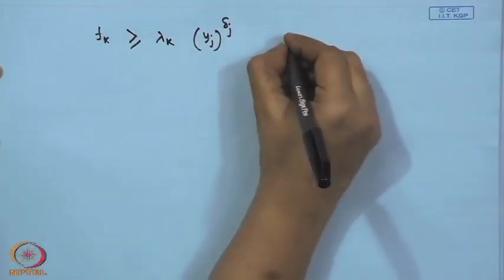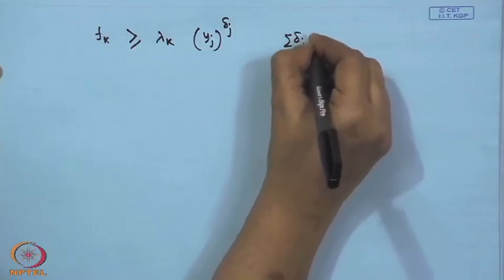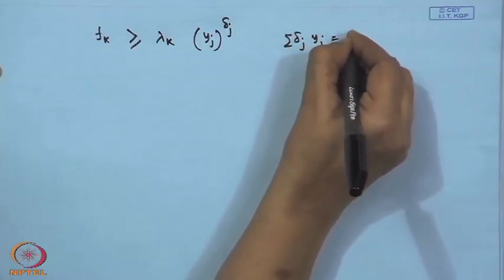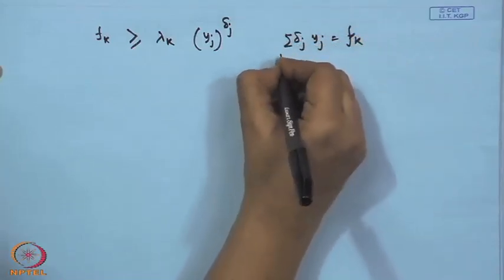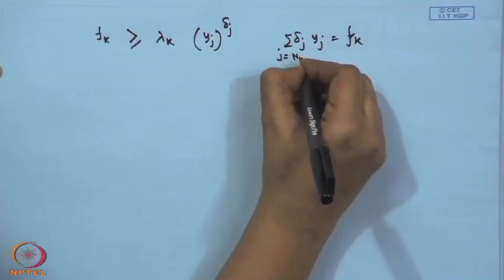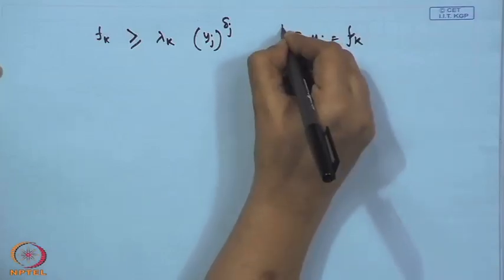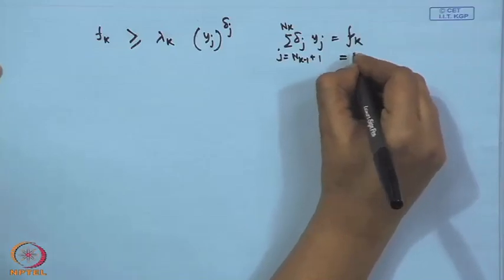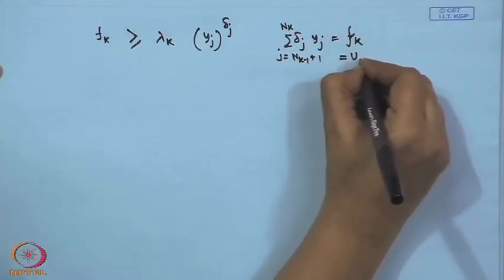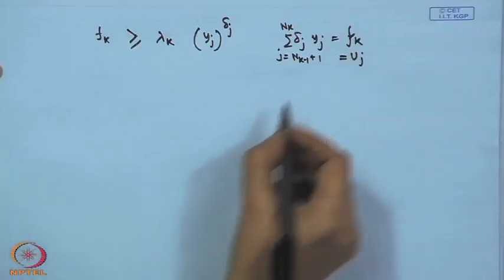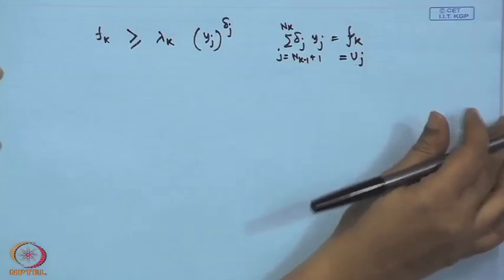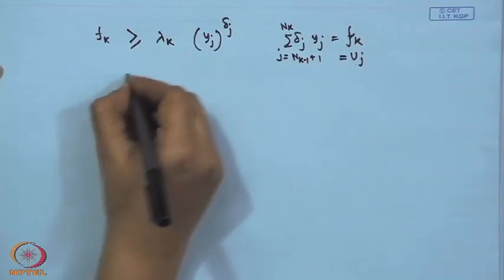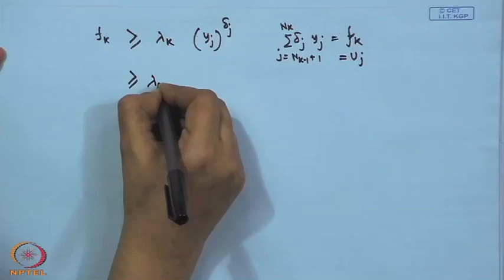Just now we have considered that delta j yj is equal to fk, where j is running from nk minus 1 plus 1 to nk. Thus, if we consider these terms as uj's, the individual monomials, then this part can be written as lambda k.